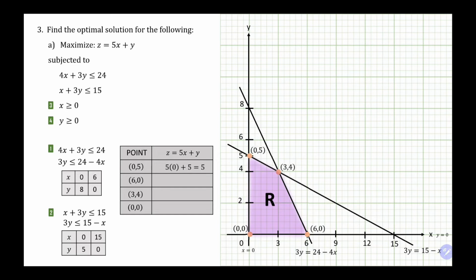Then we solve: we get 5, second we get 30, next we get 19, and last we get 0. Our objective is to maximize the function, so we find the maximum value. Which one is the maximum? 30, at 6, 0. So we conclude the maximum value of z is 30 when x equals 6 and y equals 0.